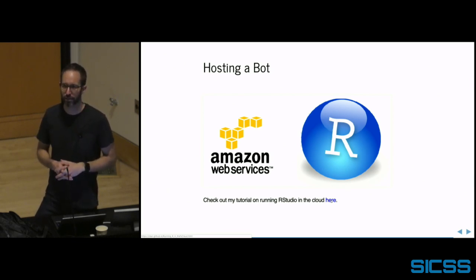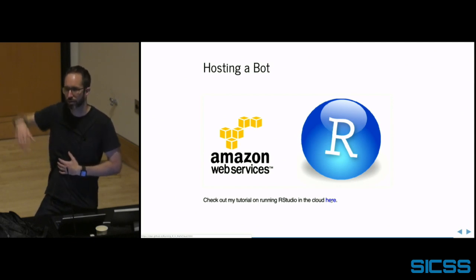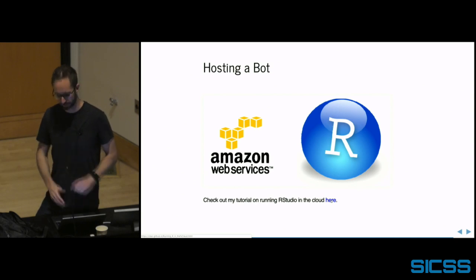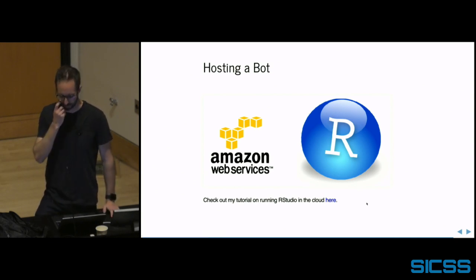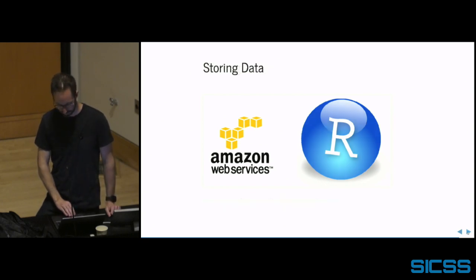Essentially, this allows you to either put a machine up there and let it run a bot or something like that, or to open, say, 20 instances of RStudio at the same time and run 20 different types of text analysis, or perhaps most usefully, purchase time on a really large computer if you have some heavy number crunching task that could save you hours or days. So if you don't know how to run an instance of RStudio in the cloud, I would check this out regardless of whether you want to build a bot.